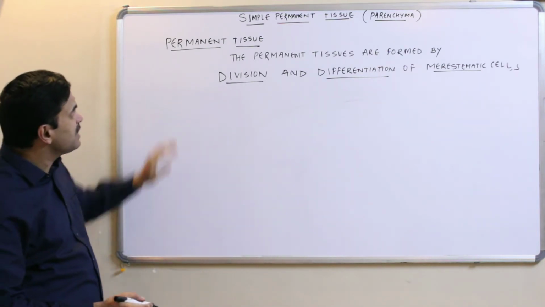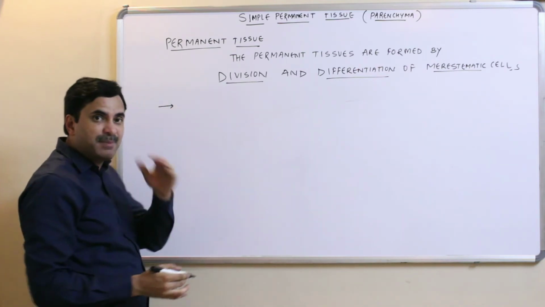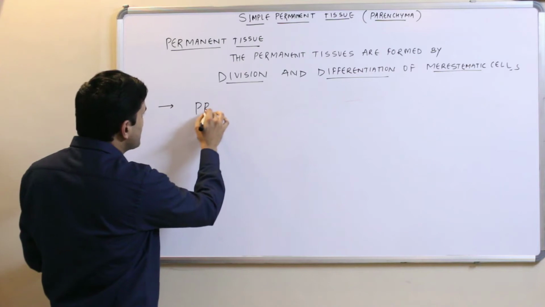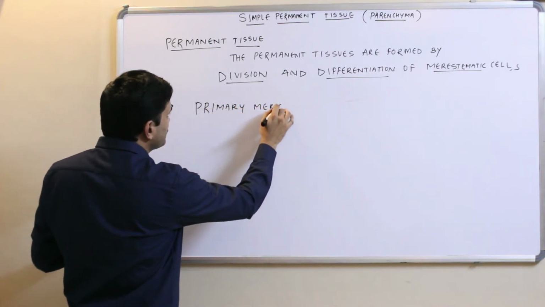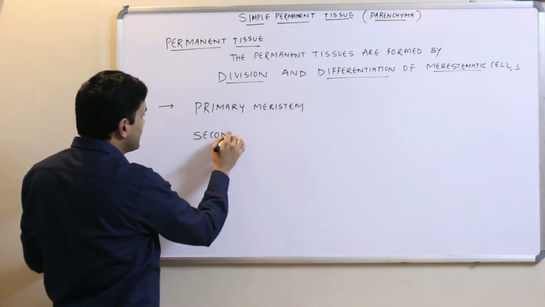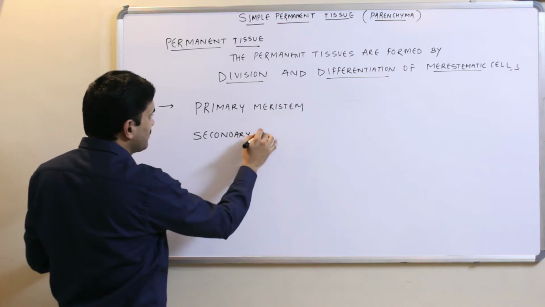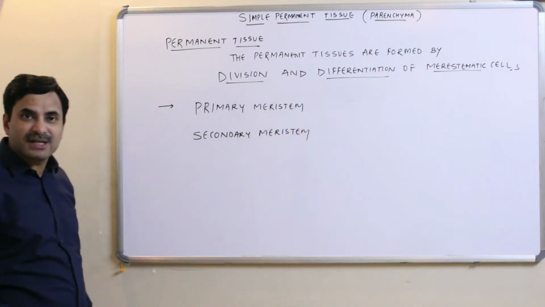Now, as you know very well, in my previous video on meristematic tissue, we discussed the primary meristem and the secondary meristem, right? That you have already studied.